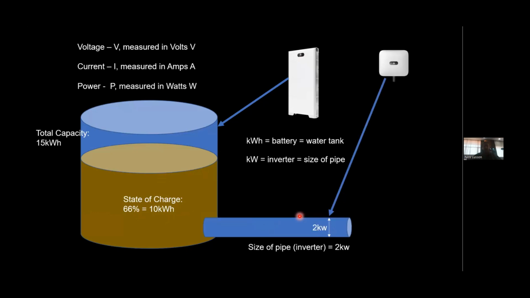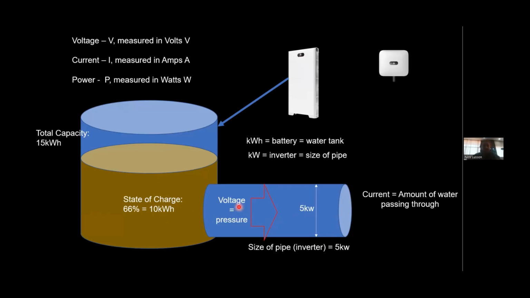And for example, here, if we use this pipe at the full capacity for 1 hour, that means it's 2 kilowatt hours. So the inverter is like the size of the pipe, and it's the maximum that we can get at any particular time. And when we use that for an hour, then we get the kilowatt hours.